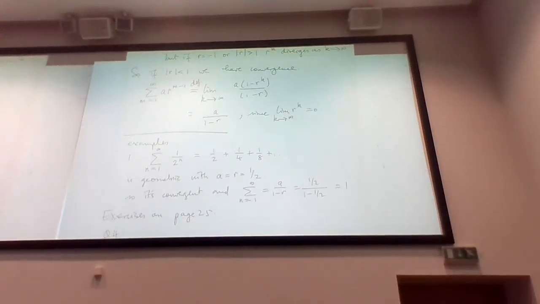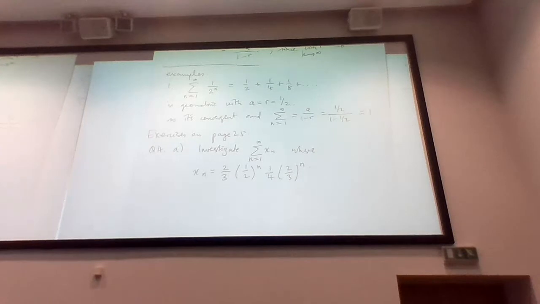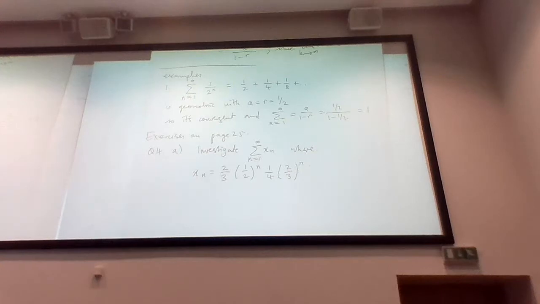Question 4, part A. This question is basically: investigate the sum of xn, where it's given to you in a kind of obfuscated way, a bit more complicated than need be. Okay, that's question 4a. Investigate the sum of this series where the term xn is equal to this.